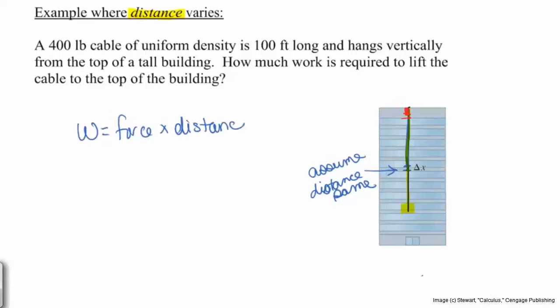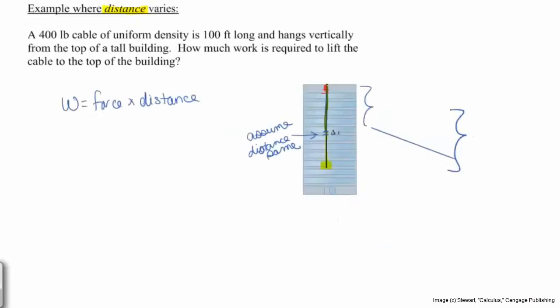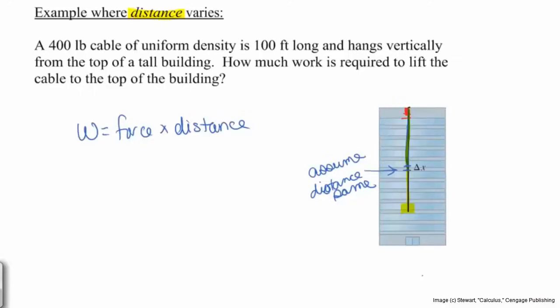All right, so if we say x maybe is the distance from the top, so let's call this x is the distance from the top. Then our distance will be x. And then we need to find the force.